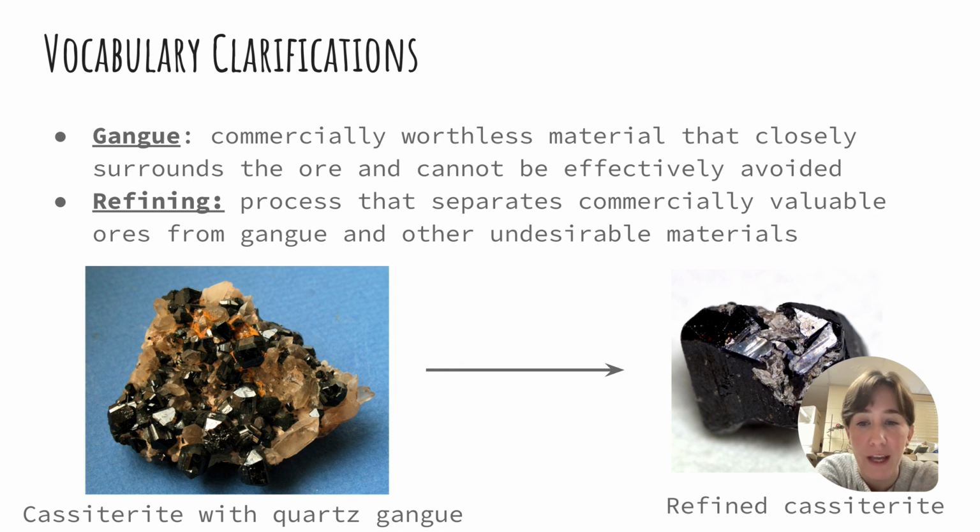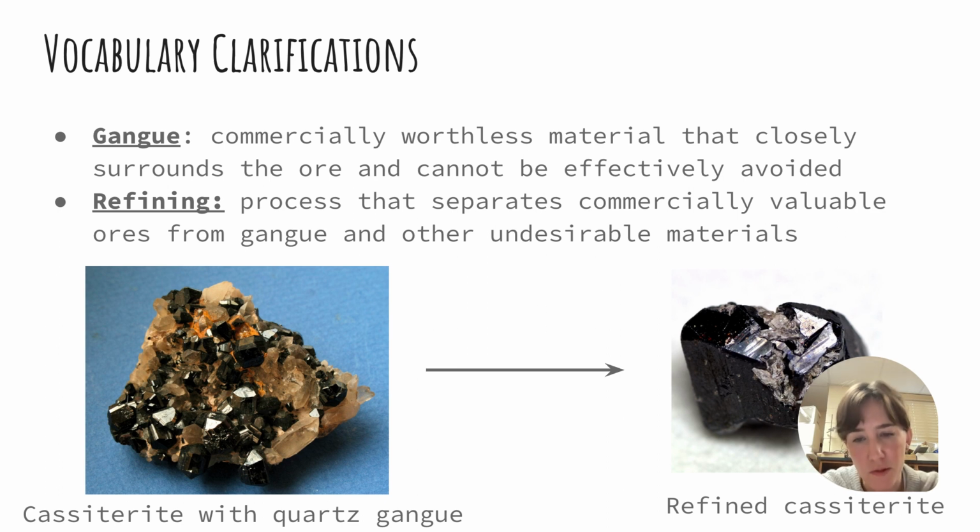Some additional vocabulary. A lot of times the ore is not just pure and easy to retrieve. It's surrounded by other material that you don't actually want, but you can't remove it from the ore. So it's kind of interspersed, it's combined with the ore that you want. That's called gangue. Down at the bottom, there is an ore, cassiterite, that has tin in it. It is something that is commercially valuable, but it's mixed with a bunch of other material around it.